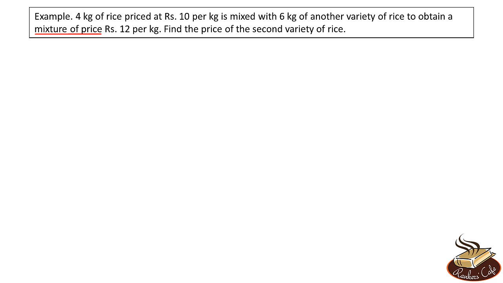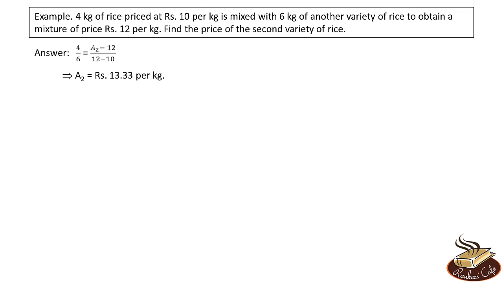We obtain a mixture of price rupees 12 per kg, so it means that AW is 12. So applying our formula 2, we get 4 by 6 is equal to (A2 minus 12) upon (12 minus 10), which implies that A2 is rupees 13.33 per kg.